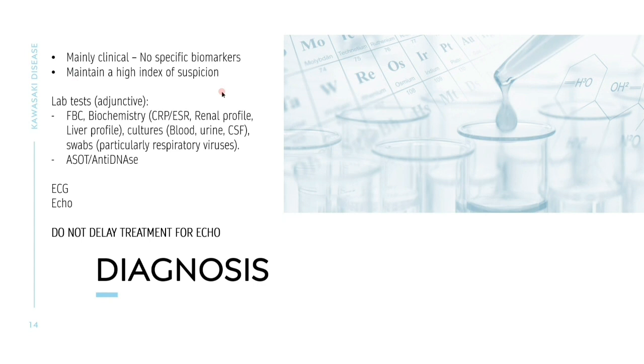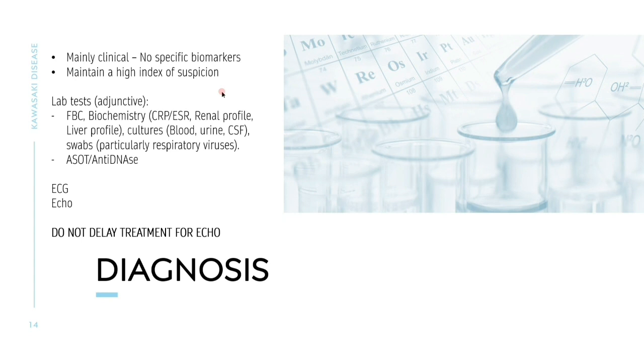The full blood count is particularly useful in that one of the markers for Kawasaki, albeit unfortunately it starts a bit late, is thrombocytosis. It most commonly starts from day 10 onwards, so after really the critical period. But at least it will bolster your suspicion that this is Kawasaki.